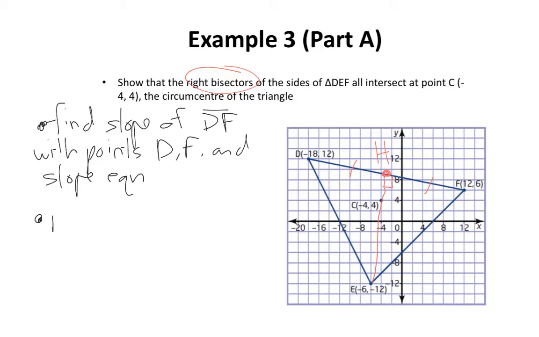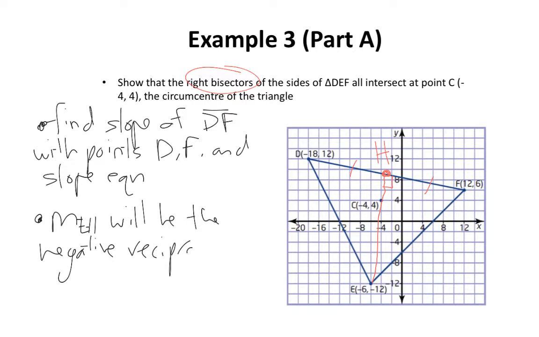The slope of EH will be the negative reciprocal of the slope of DF.